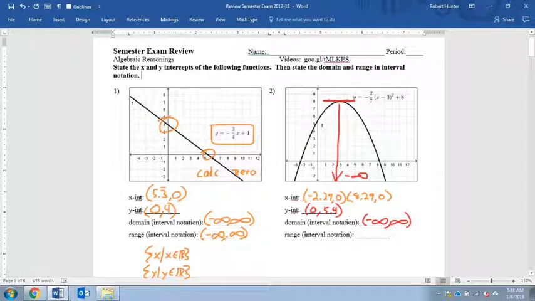If it's not obvious, remember you go second calculate max. If it was going the other way, that would be a minimum. And my phone is ringing like crazy. So the range is negative infinity up to that y value of 8. Cool? And that's what you do.